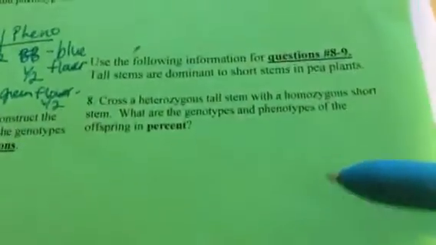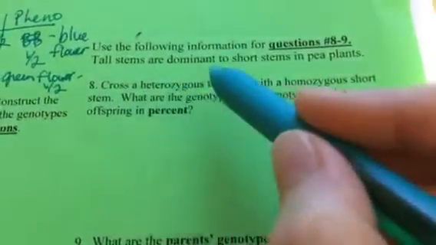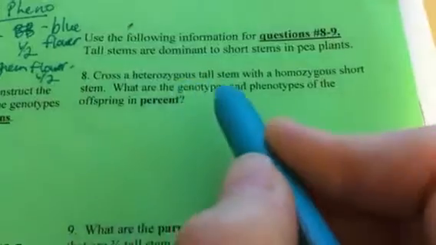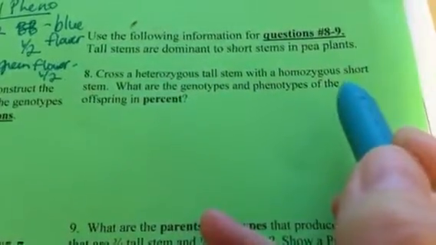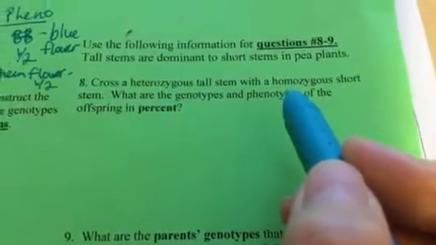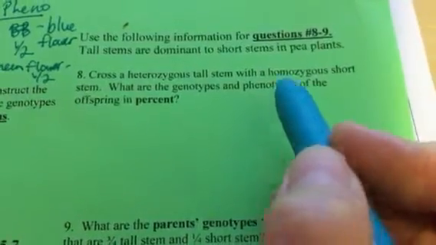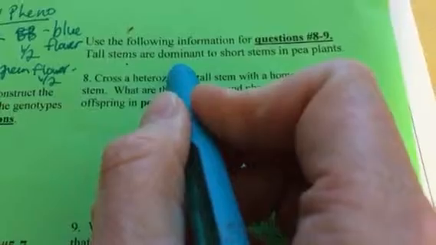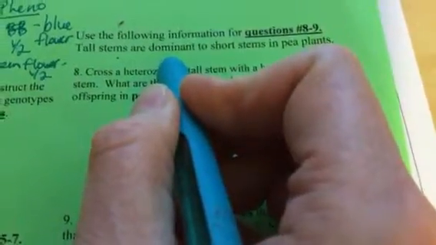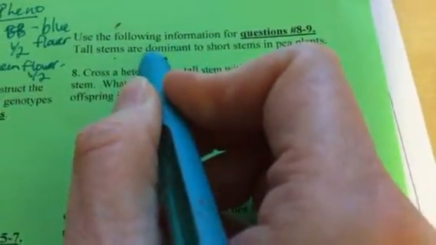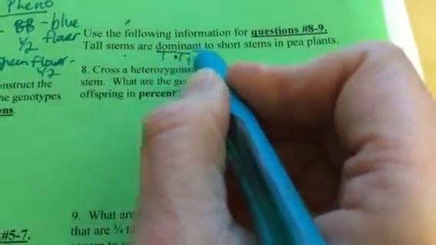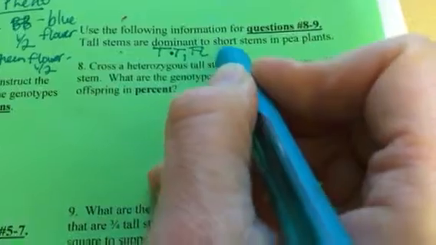Where's 8 through 9? Tall is dominant to short. Cross a heterozygous tall stem with a homozygous short. Is this incomplete dominance? No. It says tall stems are dominant. This is what we used to do. So you're going to make a key here, right? Tall stems are dominant, so tall stems look like this or like this.